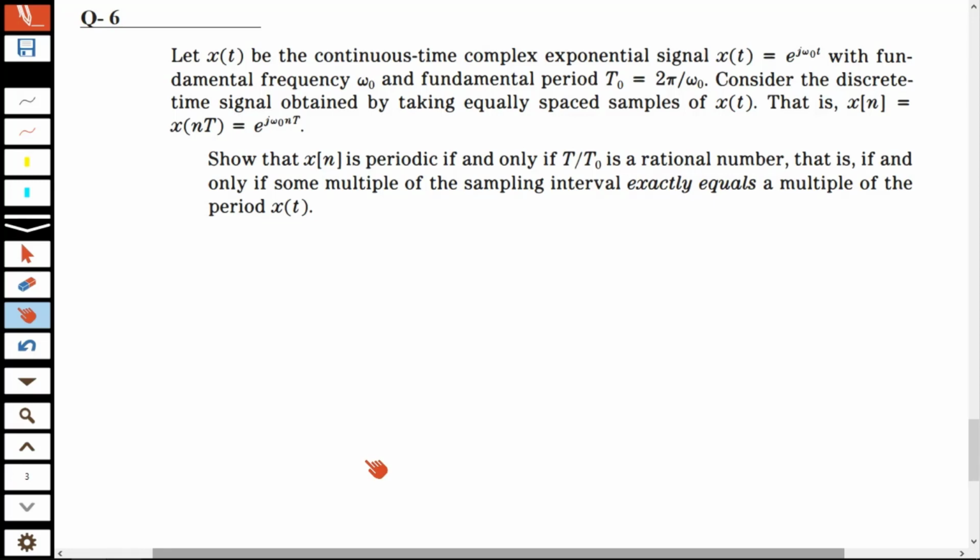Now consider a discrete time signal obtained by taking equally spaced samples of xt, that is xn is x of nt, which is equal to e to the power j omega naught nt. We need to show that xn is periodic if and only if t upon t naught is a rational number, that is, if and only if some multiple of the sampling interval exactly equals a multiple of the period of xt. Now, what this exactly means, let us see.